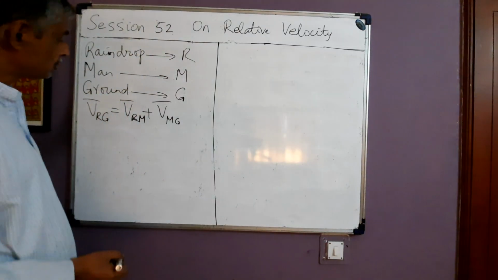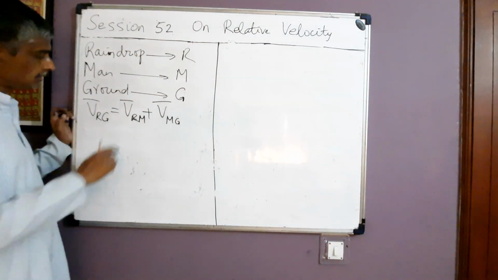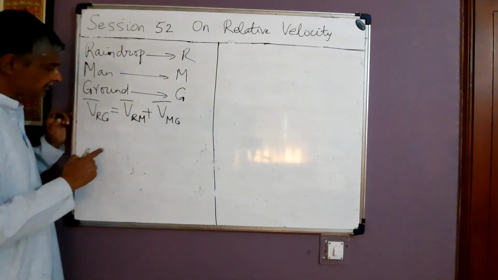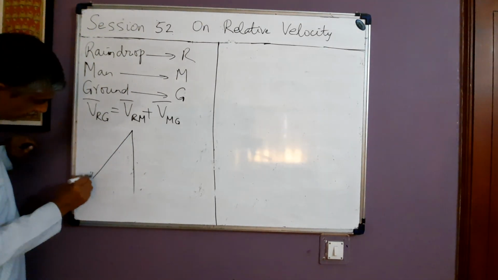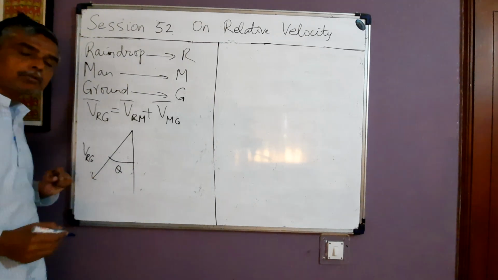In such questions we assume, in the first case, that raindrops are falling. This is the downward vertical, and this is the raindrop VRG, falling at some angle theta to the left of the downward vertical.